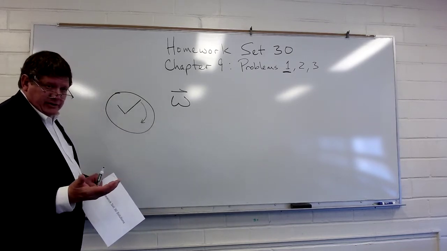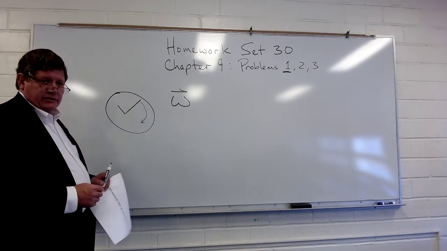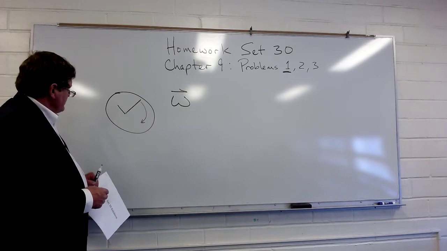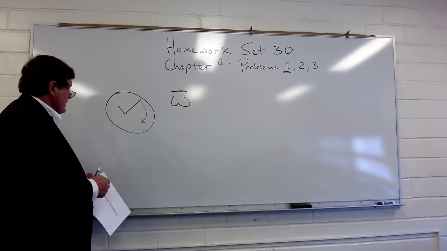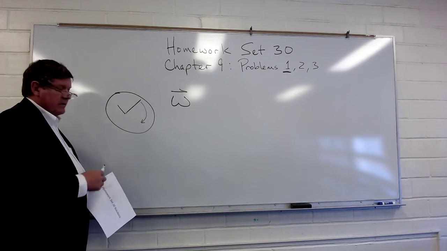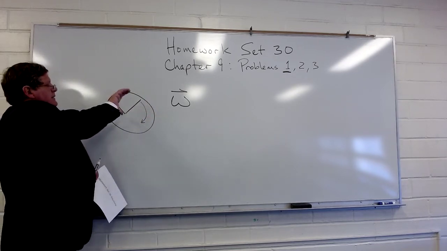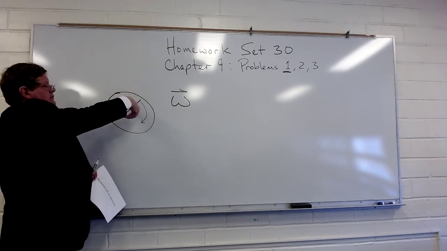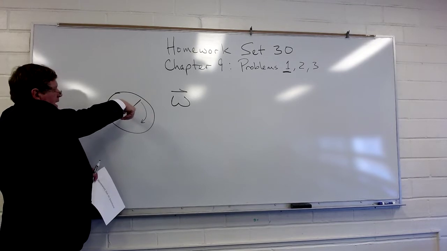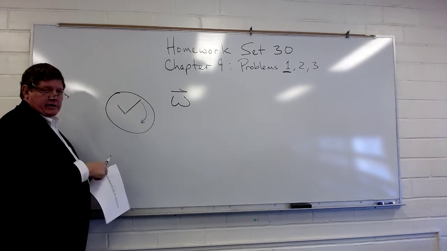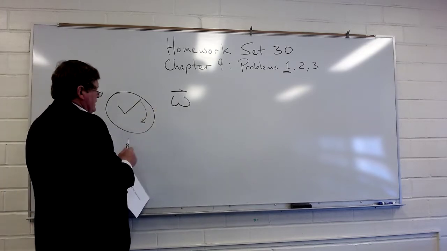Well, by convention, this is not something physical or something the universe decided. This is by convention, a decision made by people long ago that probably were right-handed people. They decided that we would use our right hand, that we would curl our fingers in the direction that the object is rotating, and our thumb is going to be pointing in the direction along the axis of rotation that we assign to omega.